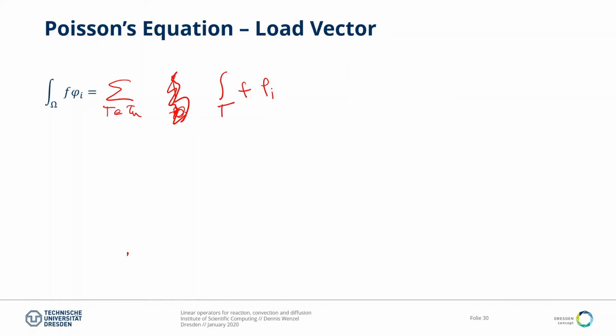Okay, the next step is to replace this global basis function phi_i by a local basis function, because now we've said that those global basis functions are defined piecewise using this DOF map and so on.